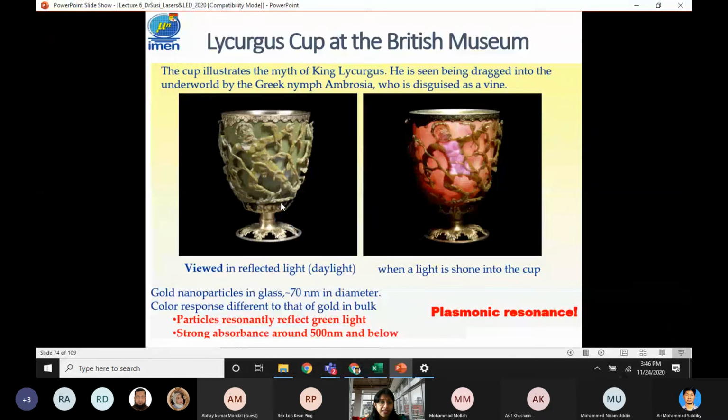So basically, what is in this glass is actually gold nanoparticles. They are about 70 nanometers in diameter, and the color response is different to that of gold in bulk, right? So the particles resonantly reflect green light over here, and strong absorbance around 500 nanometers and below occurs, right?